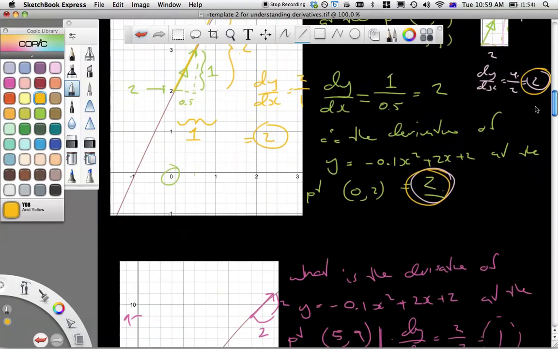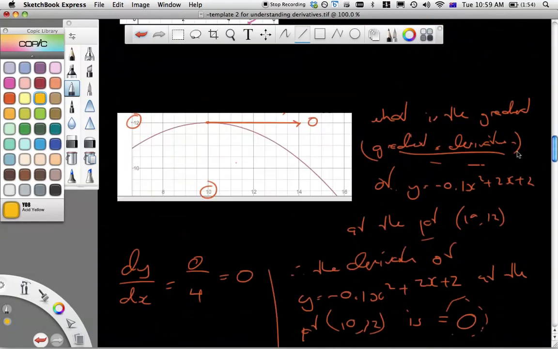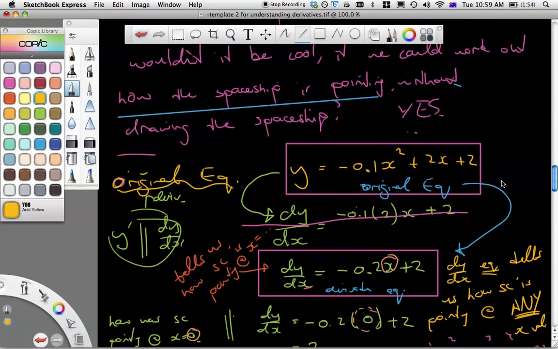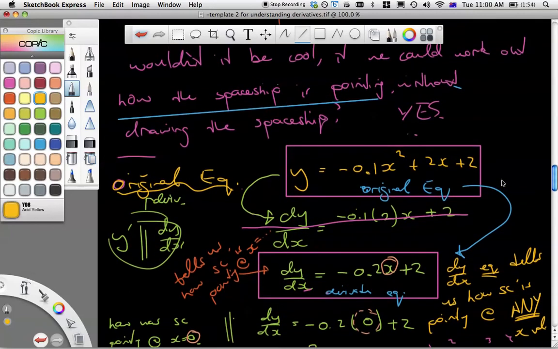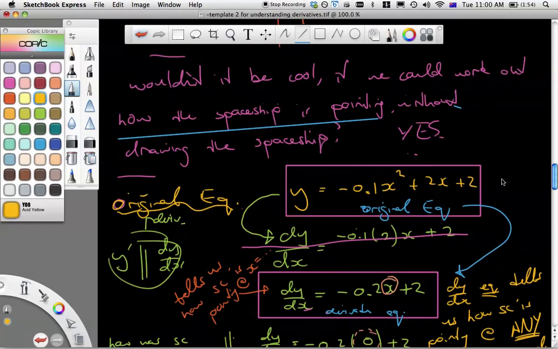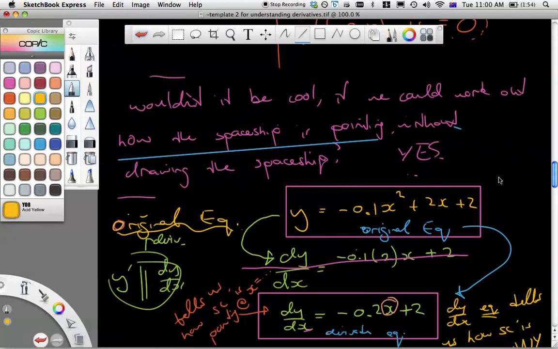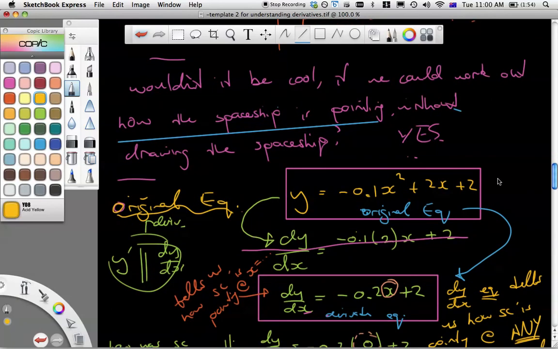Video 3, we've learned how to actually work out how the spaceship's pointing without having to draw the spaceship. And in video 4, we're going to link the idea of the spaceship to this idea of rate of change, which we often hear about. The icing on the cake.